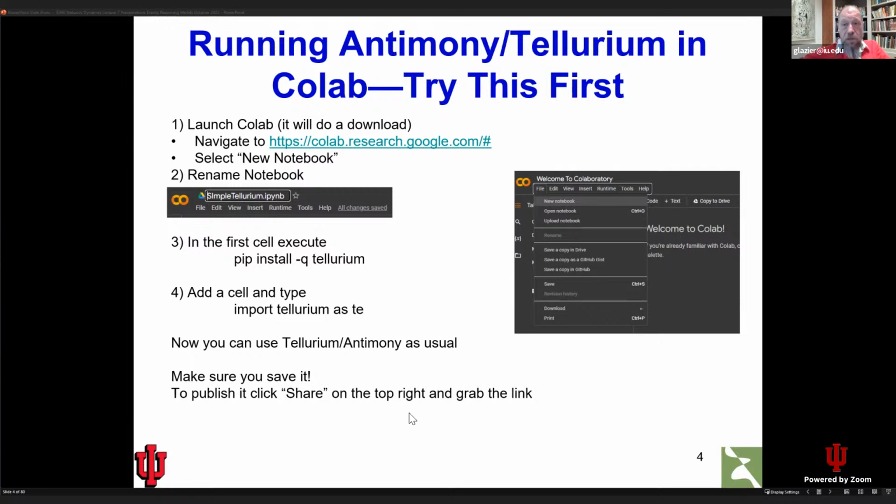Now, those instructions don't work on my computer. I know some people it'll work on, some people it won't. And the issue is depending on what other Python packages you have locally loaded on your computer. And so if you don't have any other Python locally loaded, this sequence should work.